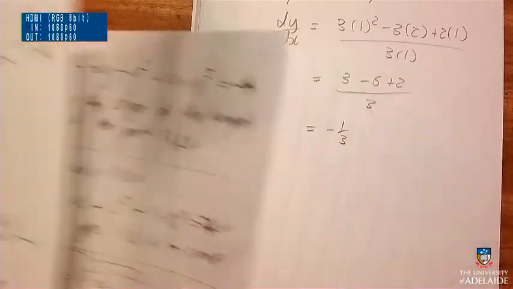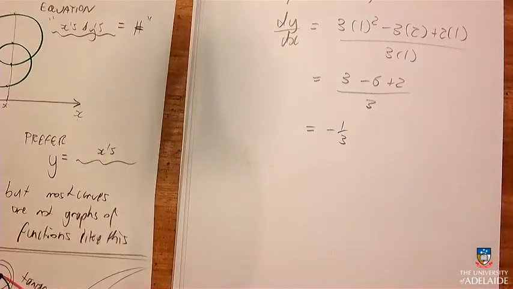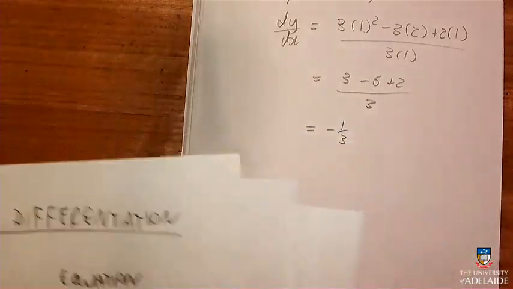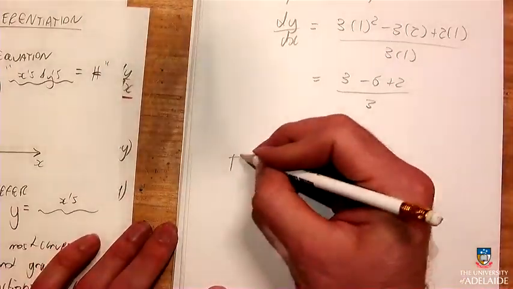Okay, cool. So the only other piece of information that we might want is to see if there are any places where the tangent is vertical. So, follow up.